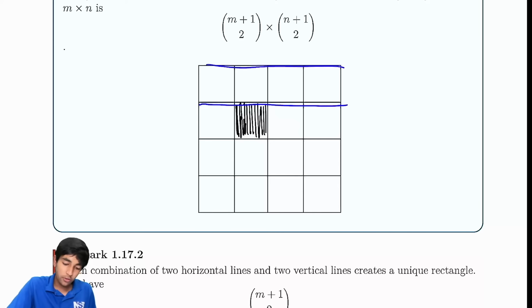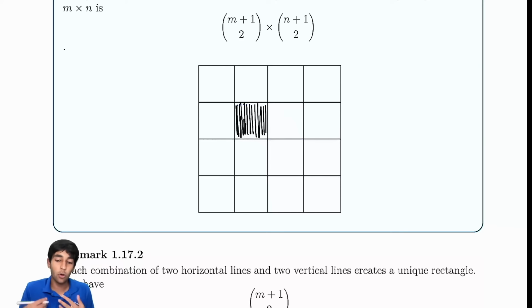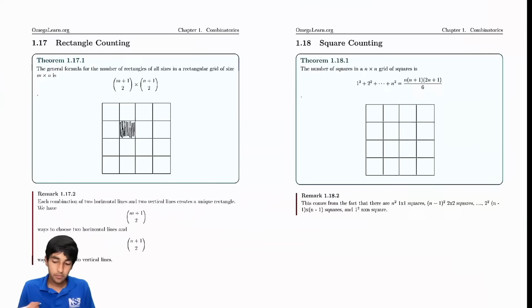Similarly, we have 2 choices for the top horizontal line and 3 for the bottom horizontal line. So 6 choices for the horizontal lines. So in total, we have 36 rectangles that contain this square. So you see how it all comes down to looking at the vertical and horizontal lines and seeing what must be true because of this condition.